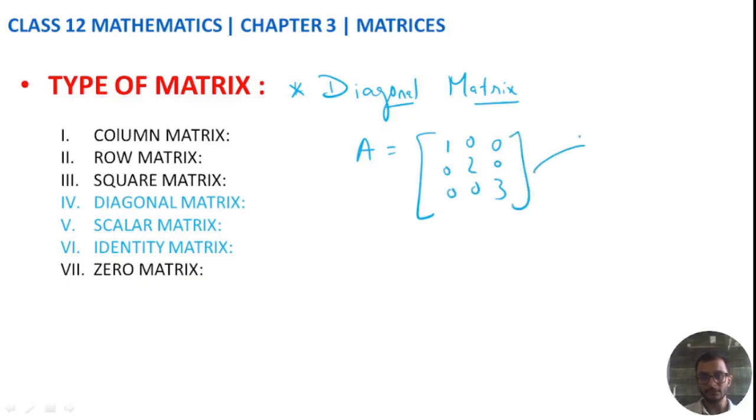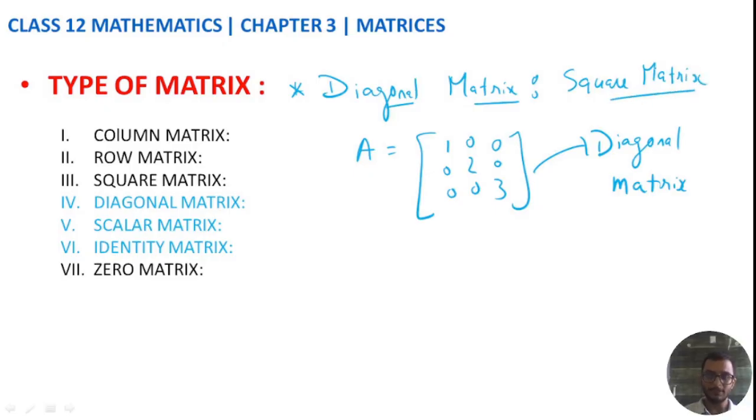Then this matrix is called a diagonal matrix. That is, a matrix having only diagonal elements as non-zero is called a diagonal matrix. First of all, it should be a square matrix. I forgot to tell you, it should be a square matrix. A diagonal matrix is always a square matrix. You can talk about diagonal only if it is square.